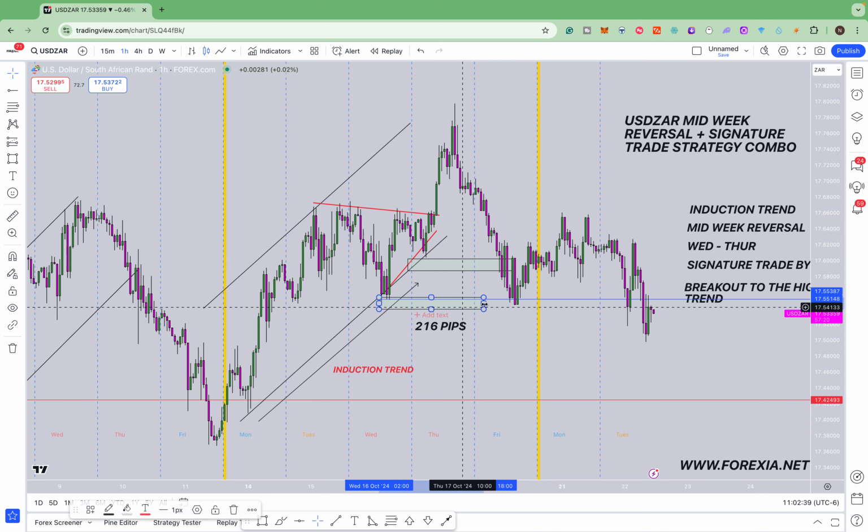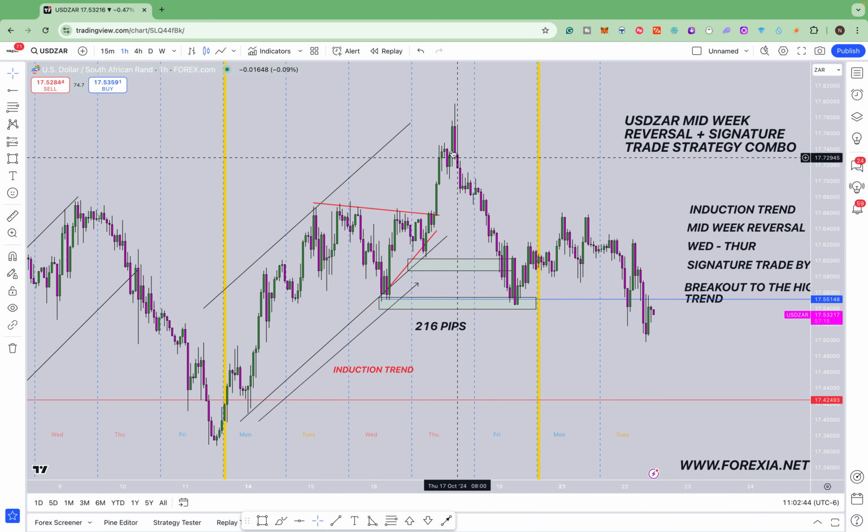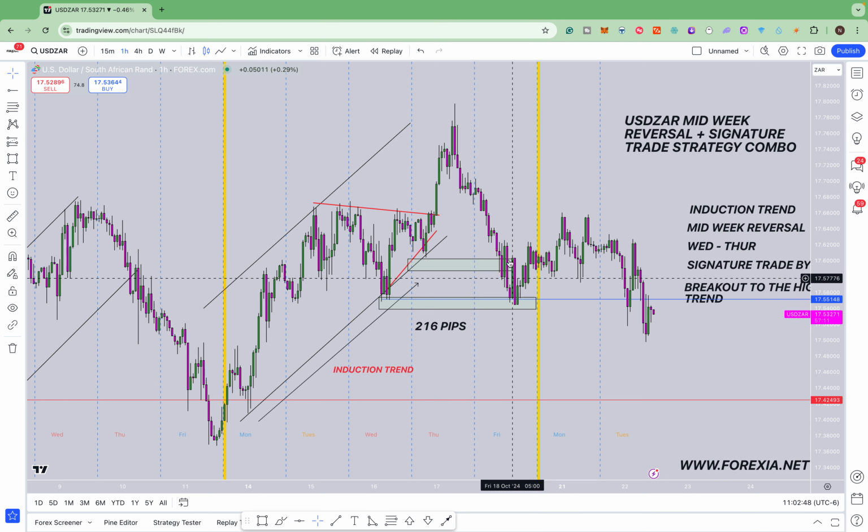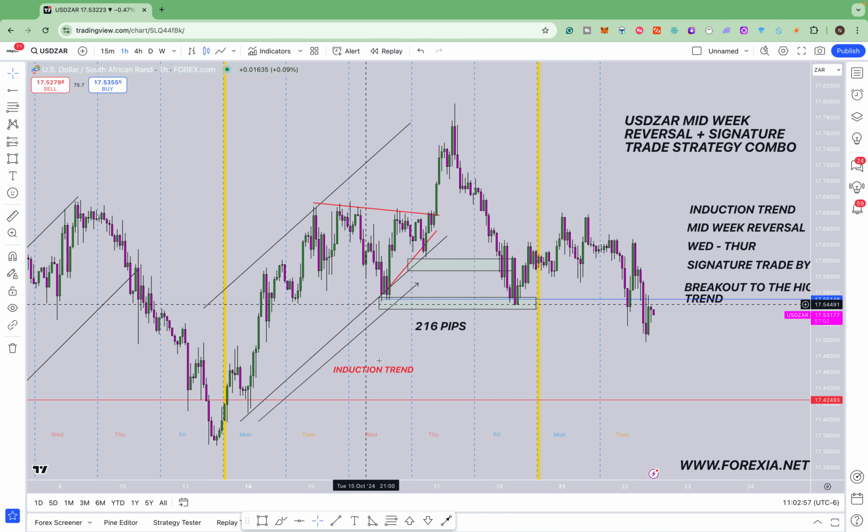This is where the masses would be placing their stop losses. And we can see the price moved against the trend to get exactly to these 2 zones to hit the stop losses of the retail traders, of the masses that got induced by this induction trend. That's why it's called an induction trend.